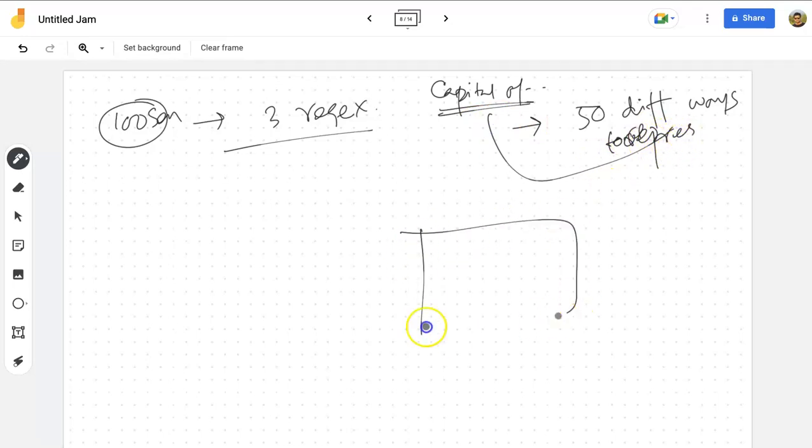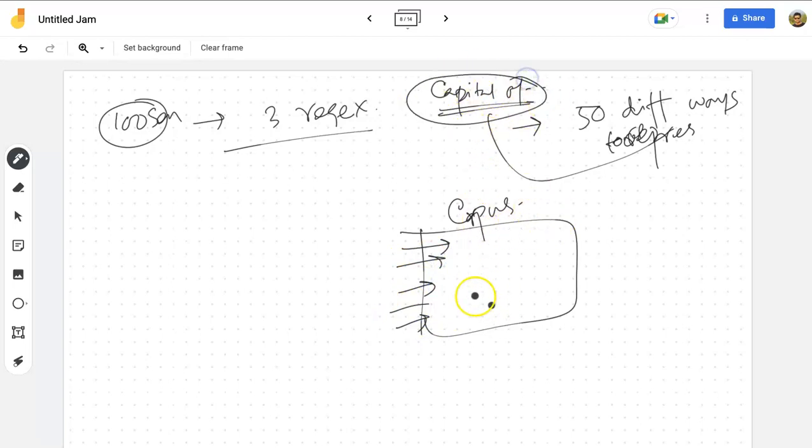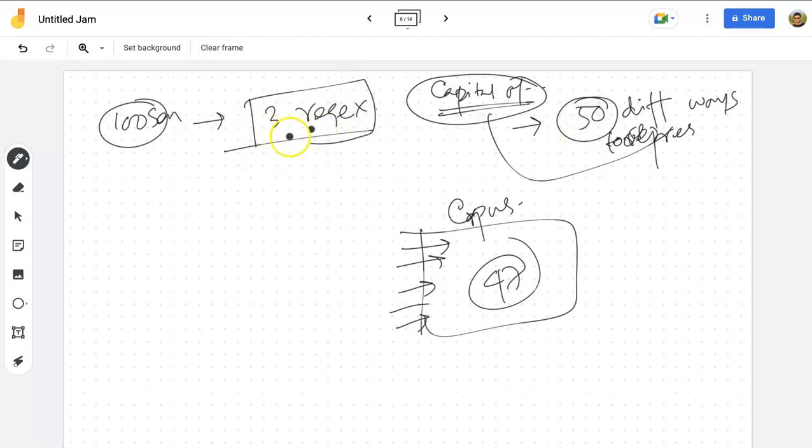Now someone gives you a corpus, but in this corpus most of the sentences where the capital of relation is present are among these 47 patterns. The total is 50, and if you subtract these three, there are 47 different patterns. Most of the sentences are from these patterns only.